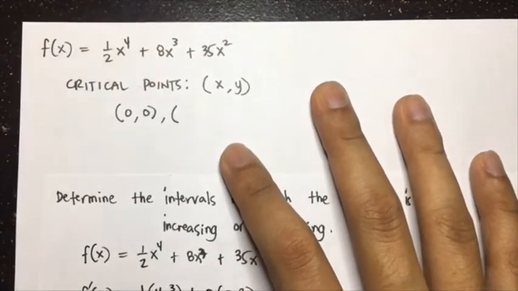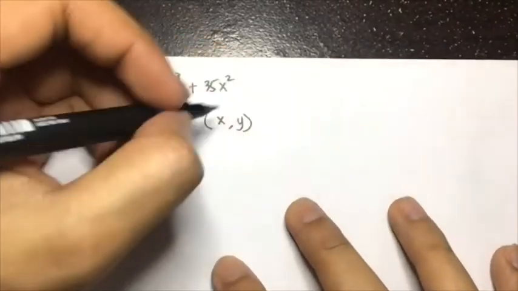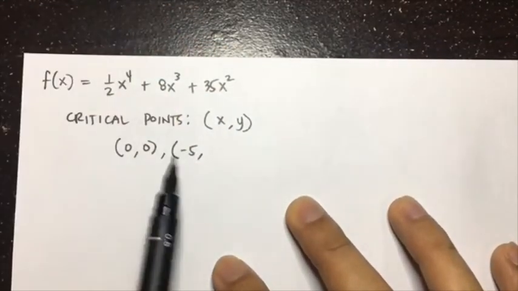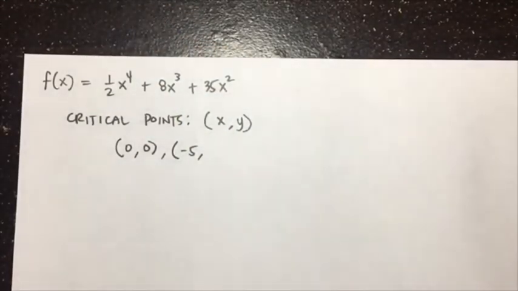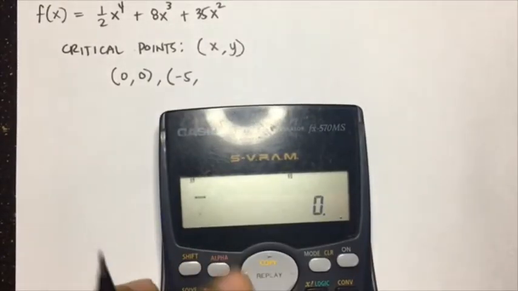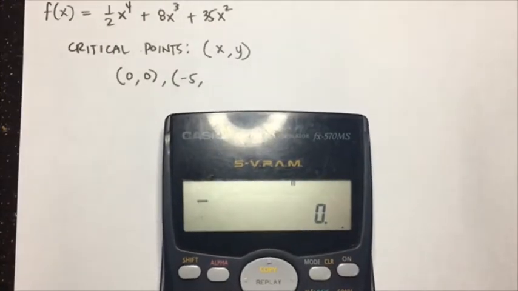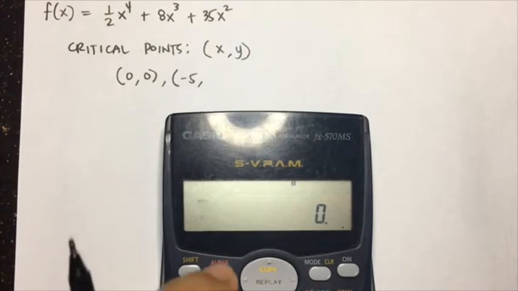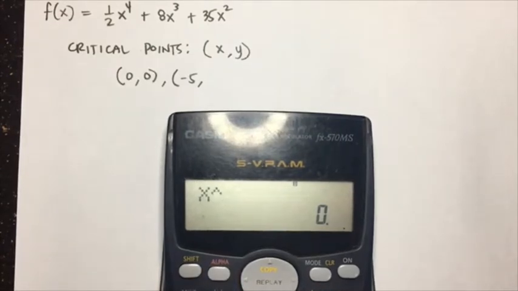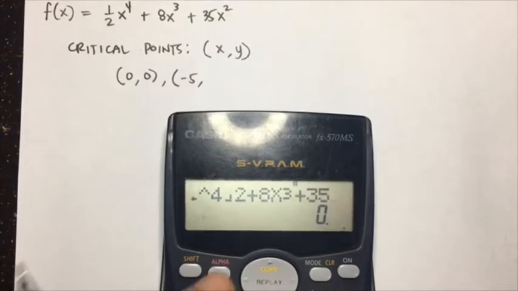Okay, and then the second point was negative 5, and then we have negative 7. So if it's negative 5, substitute there. Using the calculator, we have x raised to the power of 4 over 2 plus 8x cubed plus 35x squared.